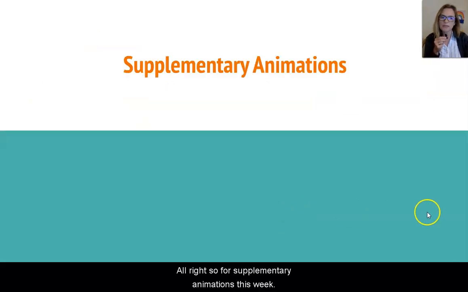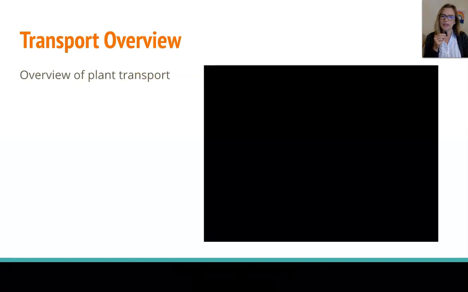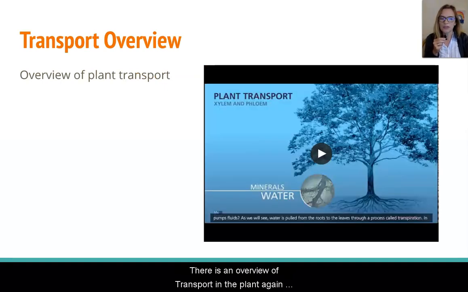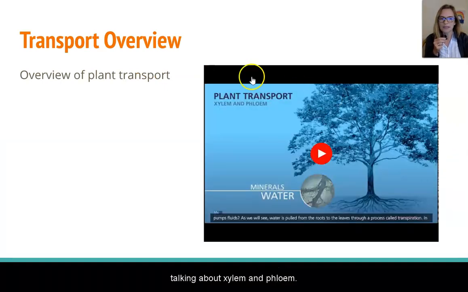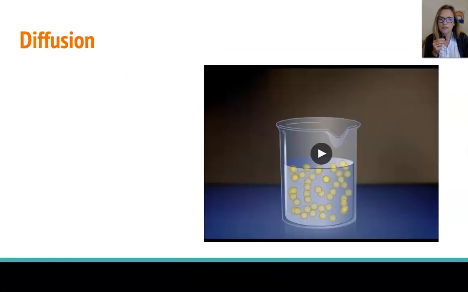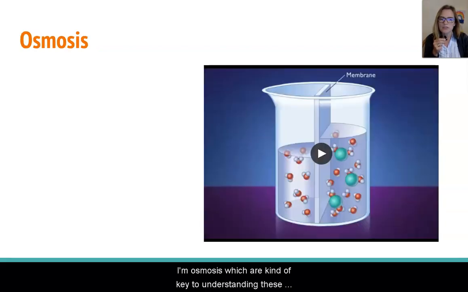All right, so for supplementary animations this week, there is an overview of transport in the plant, again, talking about xylem and phloem. Some basic videos on diffusion and osmosis, which are kind of key to understanding these movements.